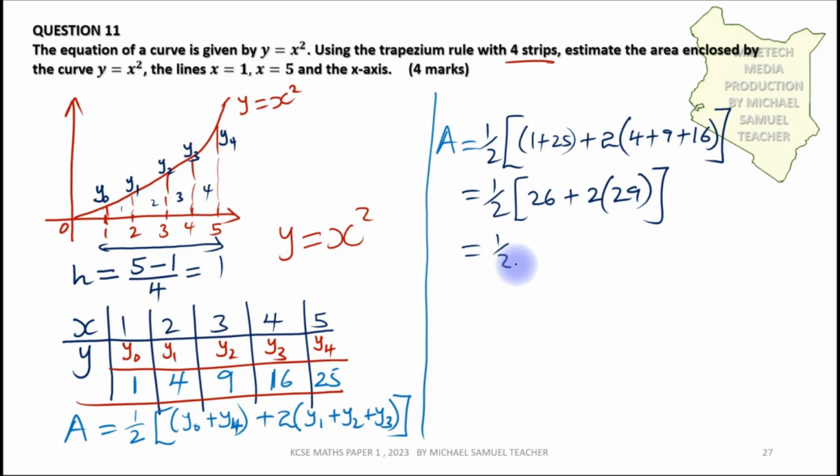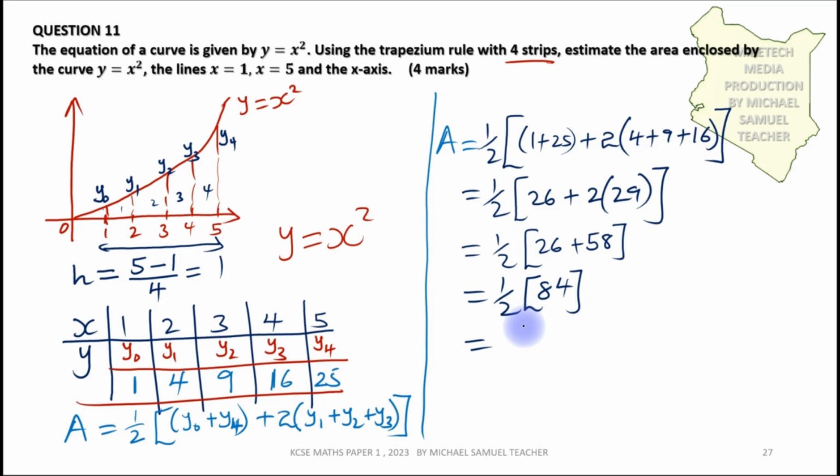Therefore, this is a half. Now this will be 26 plus 2 times 29, 58. So we shall have a half of 26 plus 58, that is 84.